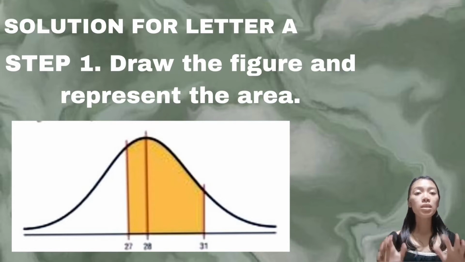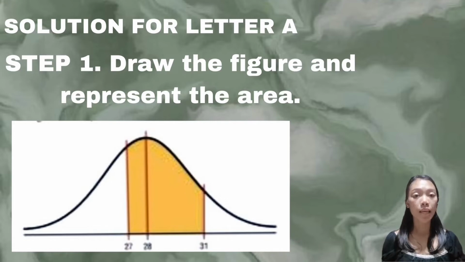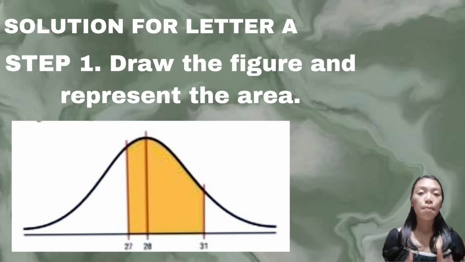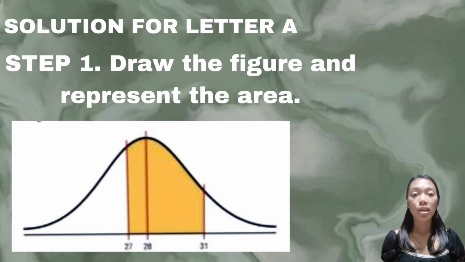In our sketch class, the middle line is our mean, 28. We place x sub 1 before the mean since the mean is greater than x sub 1.